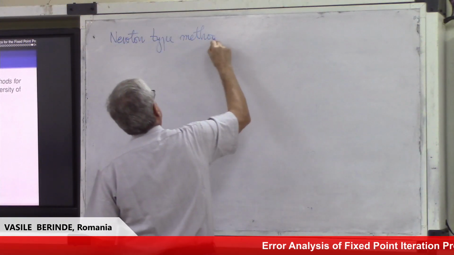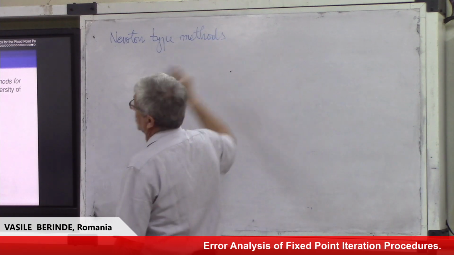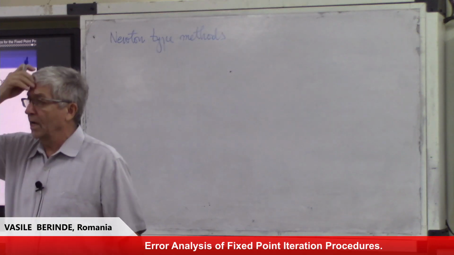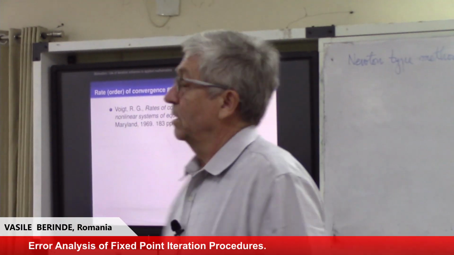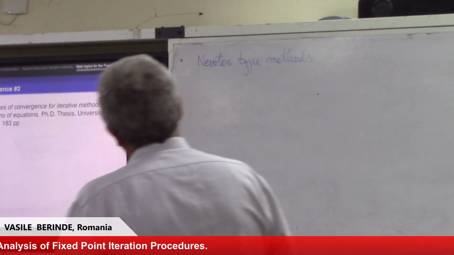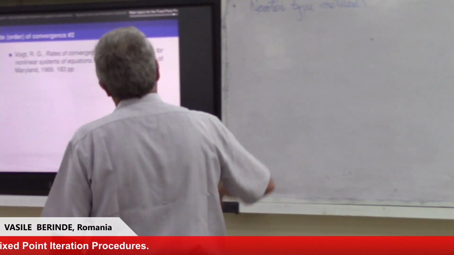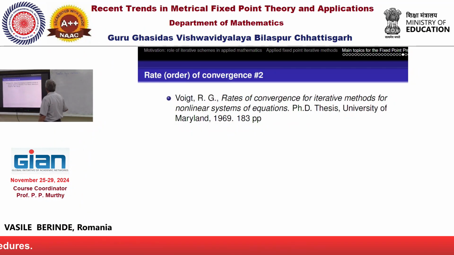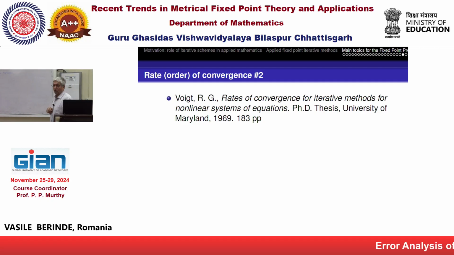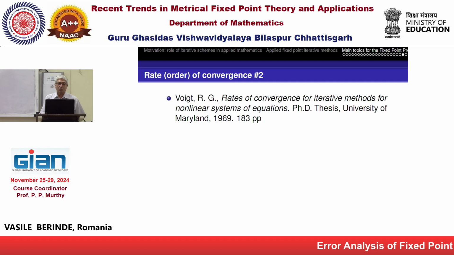For sure you have studied numerical analysis. So in numerical analysis, we usually have these Newton type methods. They are more elaborate Newton type methods than the Newton method itself. And this rate of convergence was introduced in this year by Voigt.